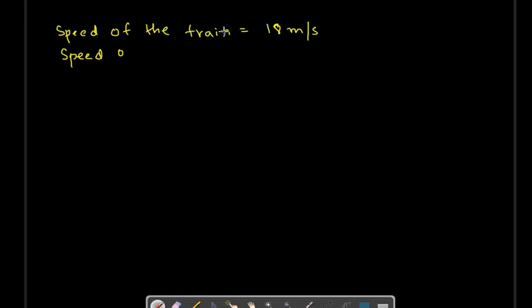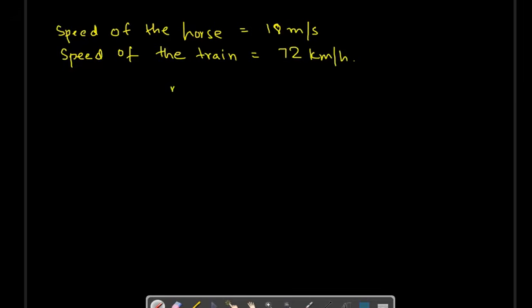Sorry, this is the speed of the horse. Speed of the horse, 18 meter per second, and speed of the train is given to us 72 kilometer per hour. I told you, you have to convert and make it into the same unit.